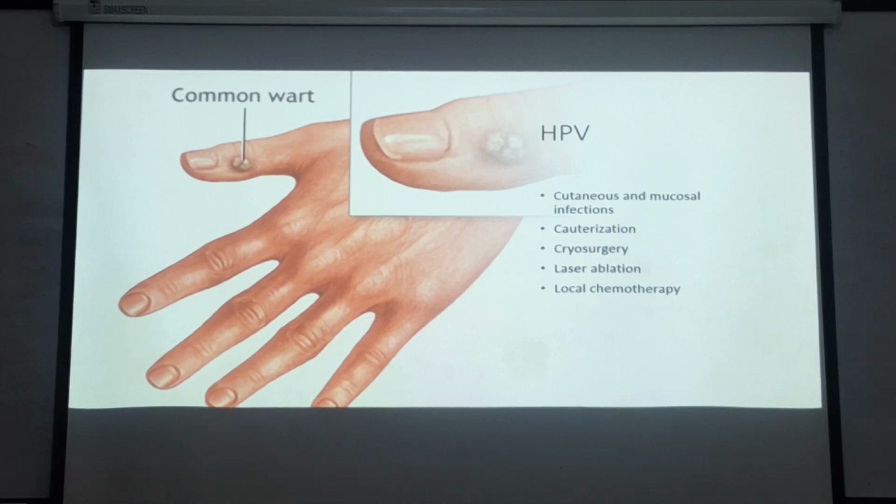Then she got a subungual wart, which is a wart underneath the nail, on the big toe. So those are really hard to remove, no? Because under the toenail is a very, very thin layer of skin, and then it's already the bone.